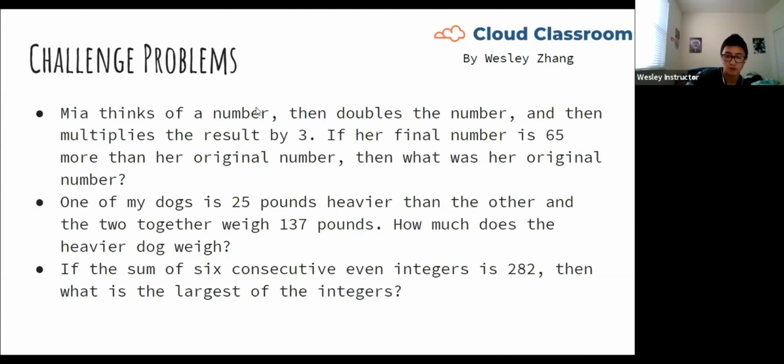All right, so Mia thinks of a number. Pick a variable, X, K, I don't care. And then doubles the number, so 2k, and then multiplies the result by 3. So 2k times 3, so that's 6k. If her final number is 65 more than her original number, so 65 plus k, then what was her original number?